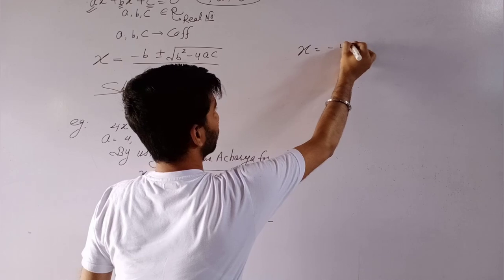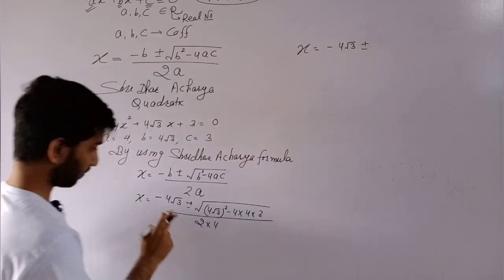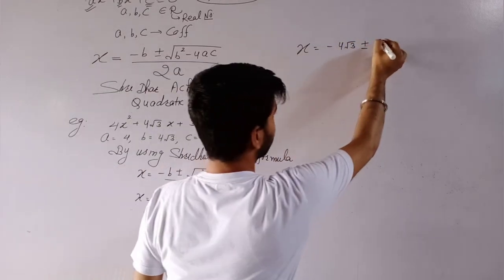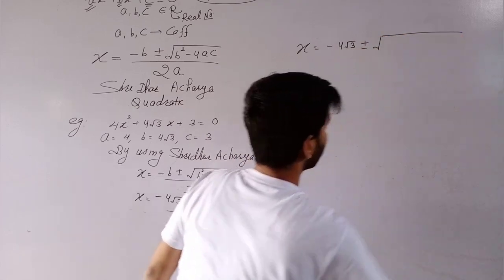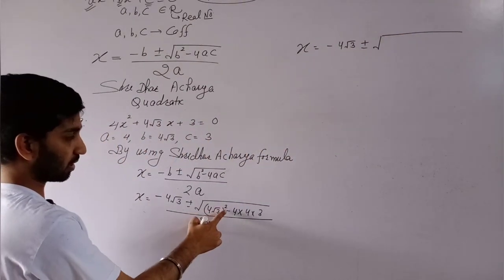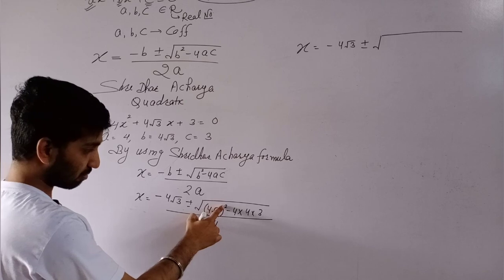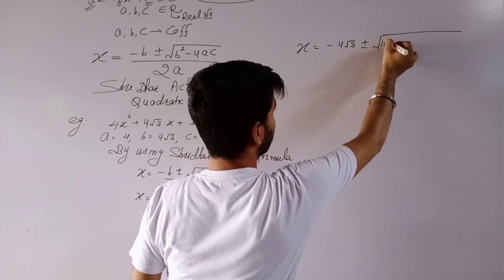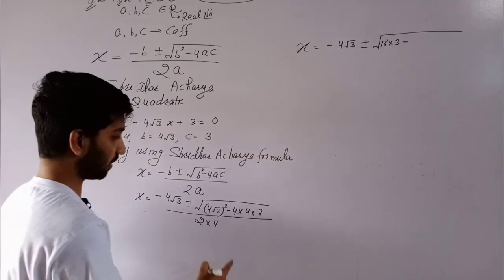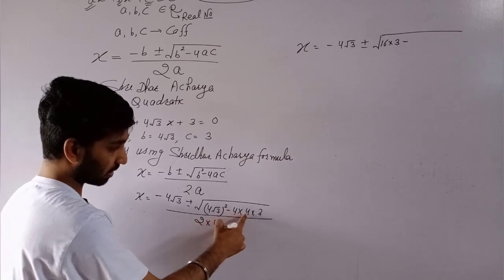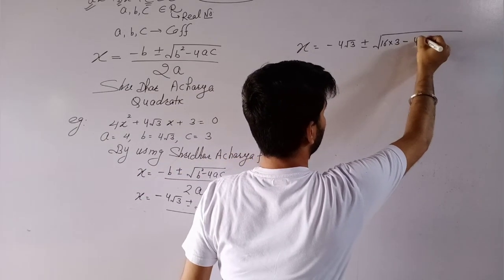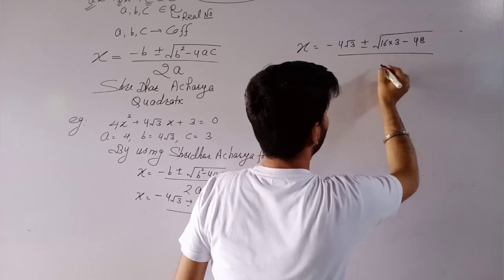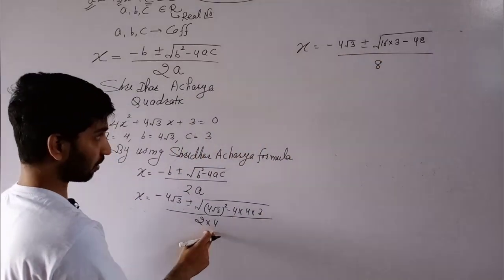X is equal to minus 4 root 3 plus minus root of (4 root 3) square. 4 square is 16 multiply root 3 square is 3, minus 4 times 4 times 3, that is 48, divided by 2 multiply 4 is 8.